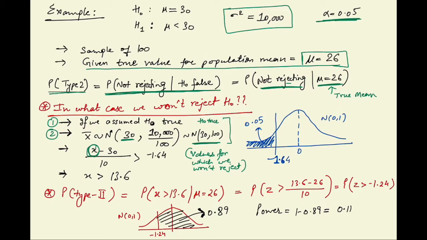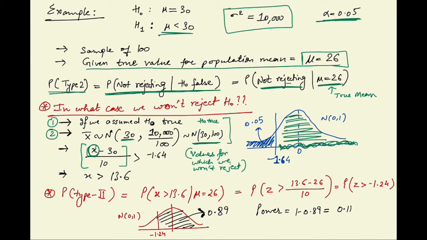We will not reject it if (x minus 30) by 10, which is the value after normalizing whatever sample mean we obtained, lies in this region. If this value lies within this region, we won't reject it. Why won't we reject it?